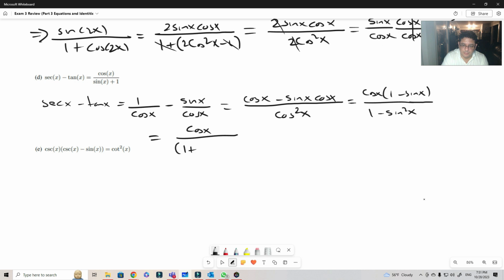This is 1 plus sine of x, 1 plus 1 minus sine of x. And so I get to cancel this too, and I reach the other side of the identity.